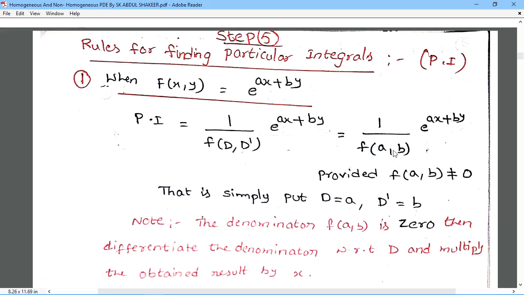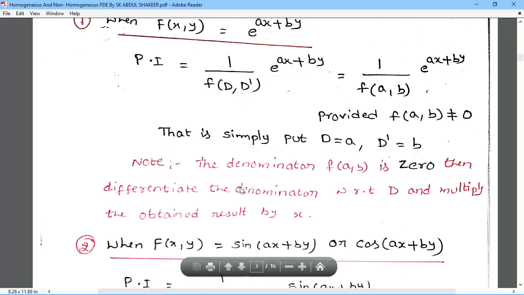Suppose the denominator value is 0, that is f of a comma b is equal to 0, then the denominator function is differentiated with respect to capital D, and the numerator is multiplied with small x. And in the obtained result we have to put D equal to a and D dash equal to b.